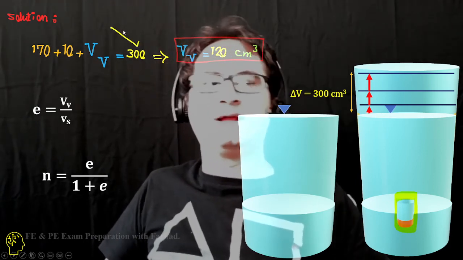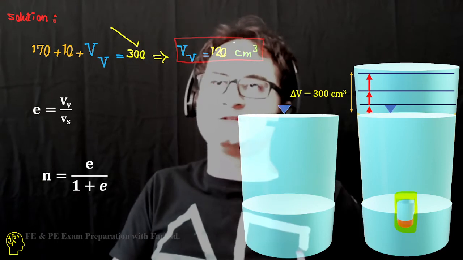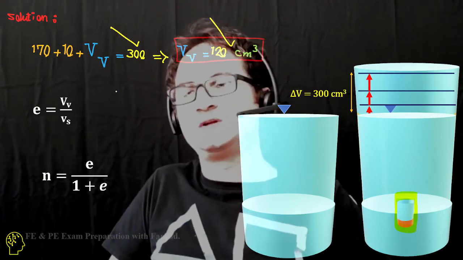Then the volume of void is 120 centimeter cubed.